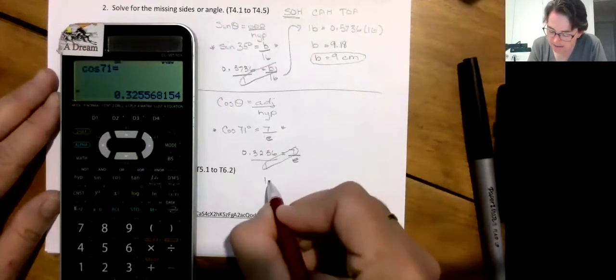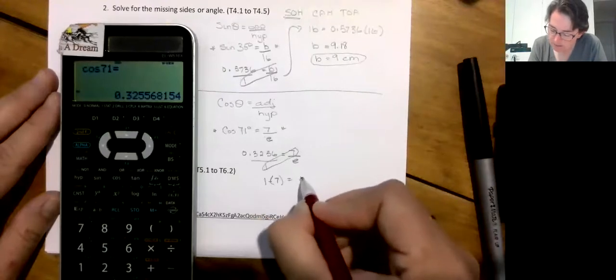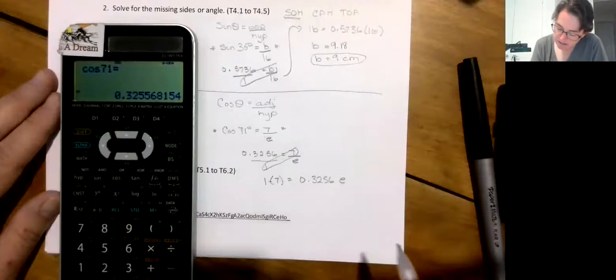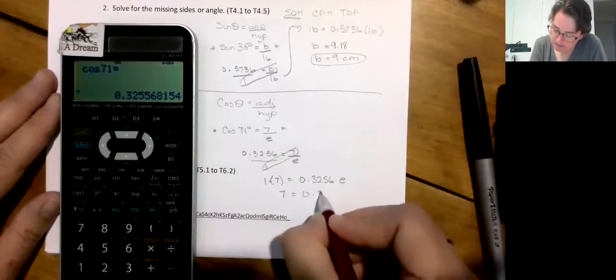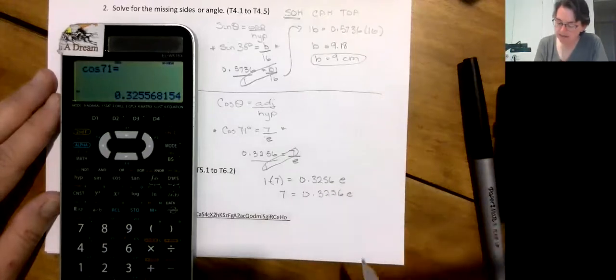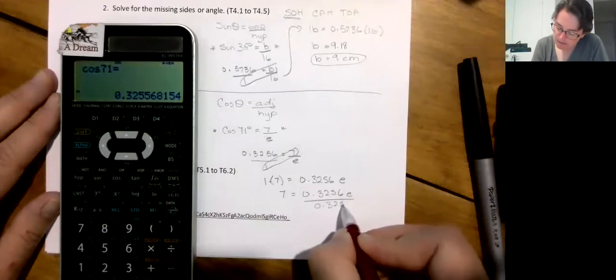So 1 times 7 is equal to 0.3256E. So 7 equals 0.3256E, and I'm going to divide both sides by 0.3256.